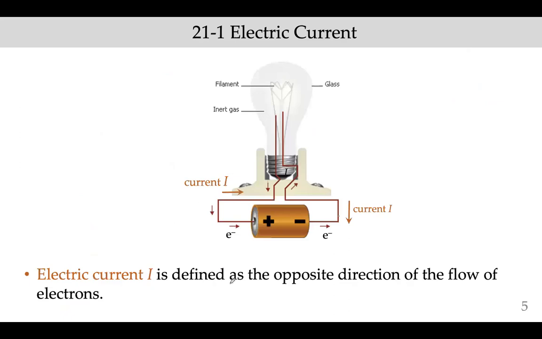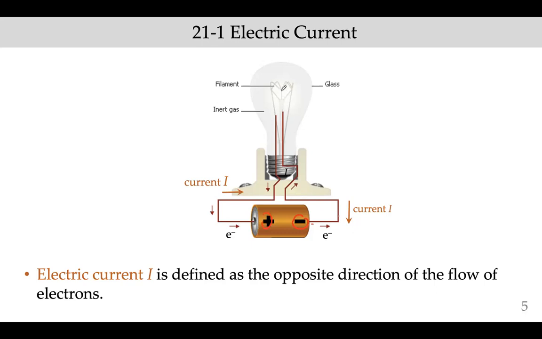So electric current is defined as the opposite direction of the flow of electrons. In the previous slide, we showed that electrons go from the negative terminal. You can think of it this way: the negative terminal pushes electrons away, or the positive terminal pulls the electrons to itself. So the electrons would flow this way.